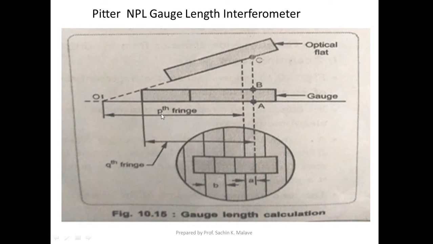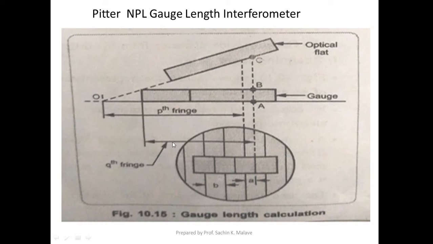Okay, then there is one more. You can see, now you can come to this rectangle. In this rectangle, you choose the one fringe, again that should be a dark fringe. Okay, so that fringe corresponds to the gauge fringe due to the air gap between gauge top and the optical flat.